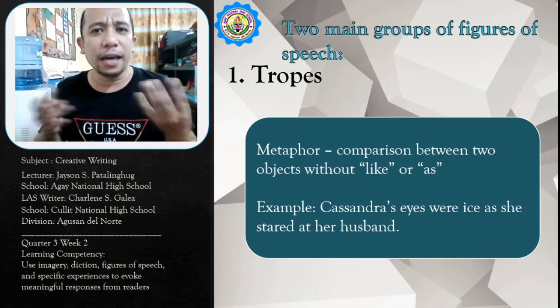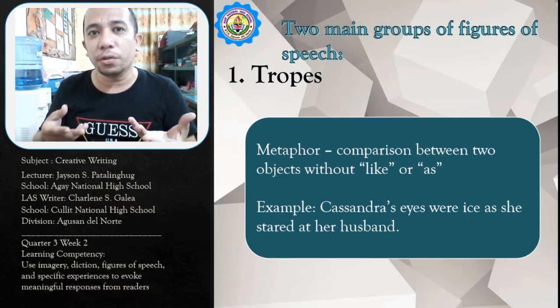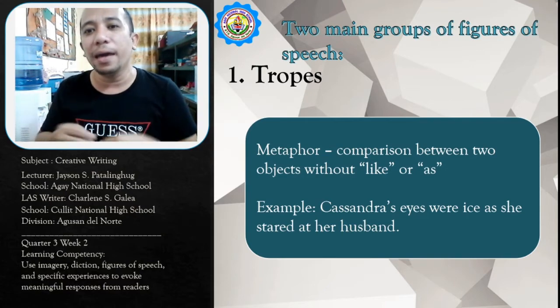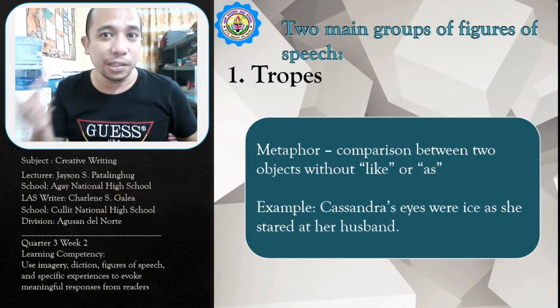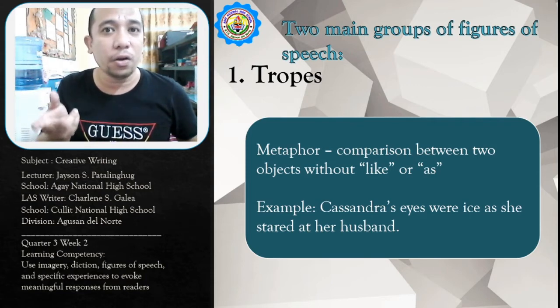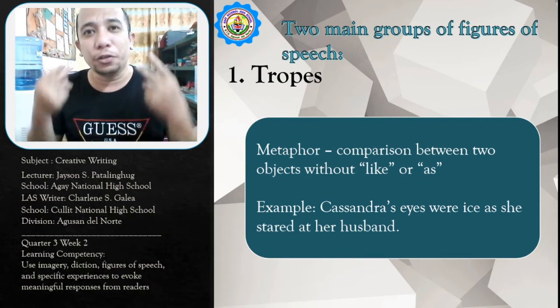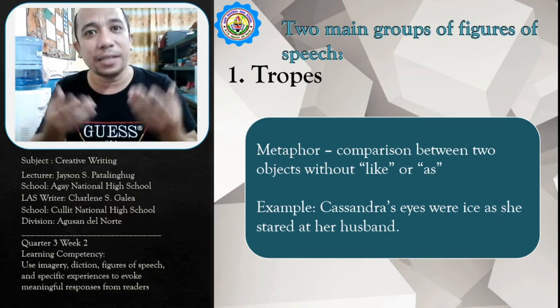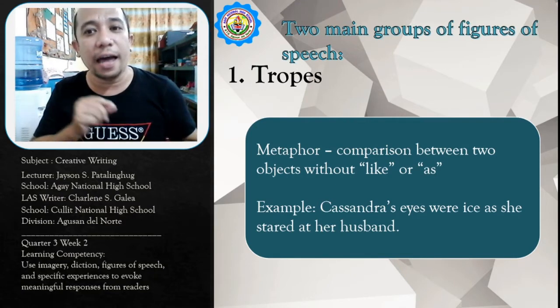Instead of saying Cassandra's eyes were cold, we use here the word ice. So we are comparing Cassandra's eyes and the word ice, which shares similarity. Both are cold. So again, there are two words being compared.